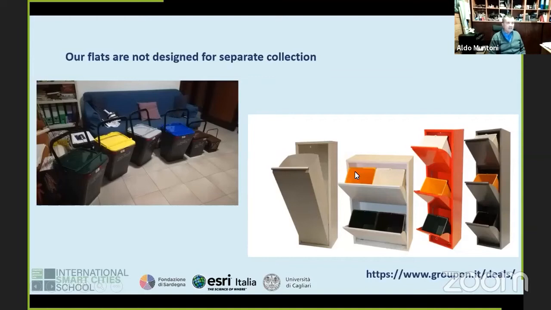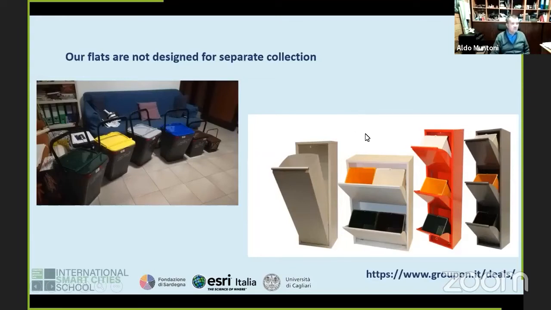And so you can find on the market a lot of solutions, very similar to the solutions that we applied to solve the problem given by the number of shoes, in particular the shoes of the ladies, that they have a lot of shoes. And something similar was put on the market to make separate collection a little bit easier to apply.